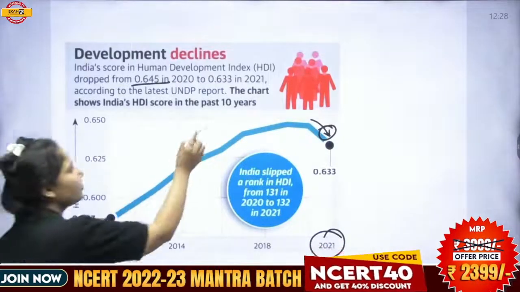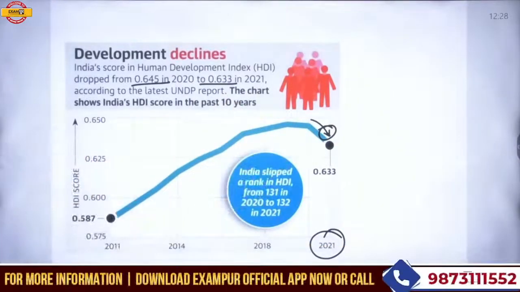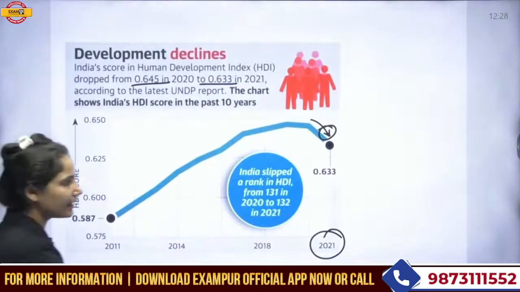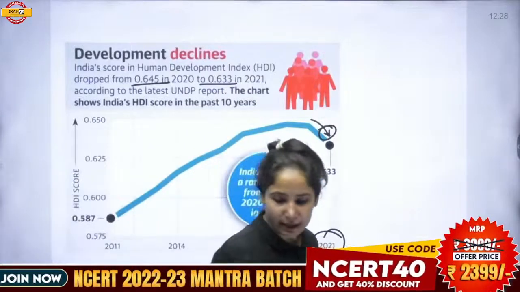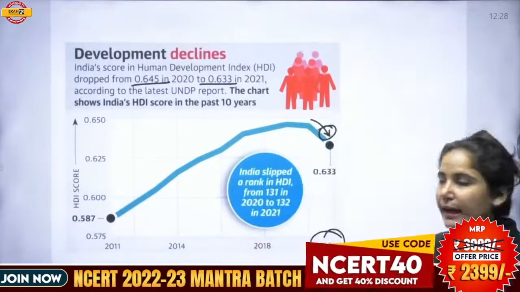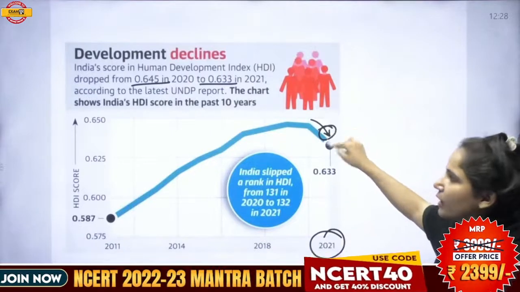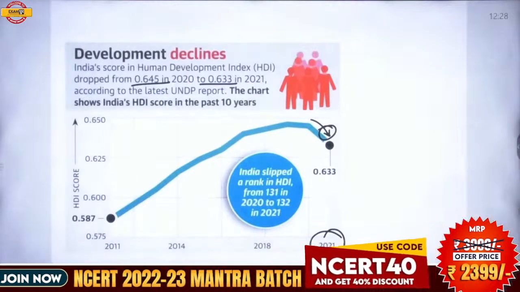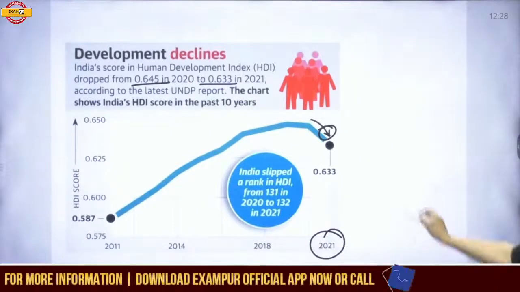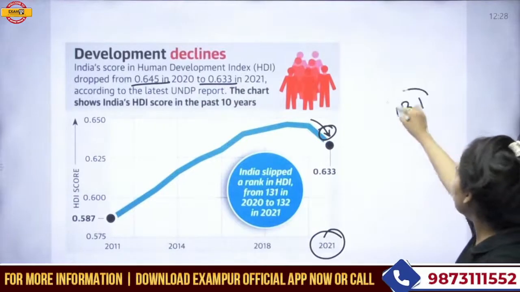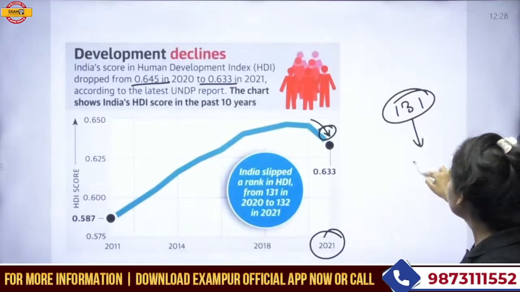Now it has declined to 0.633 in 2021. According to this latest UNDP report, you can just analyze the graph. It is continuously making a rise. In the last 2 years, it has gone down. Okay? So this is what we are trying to read. And this rank has also declined from 131 to 132.